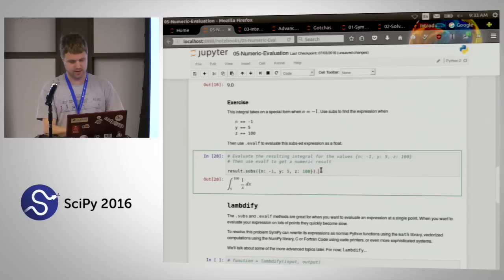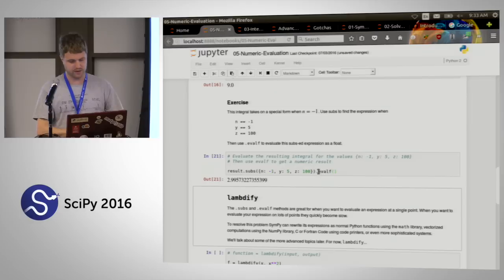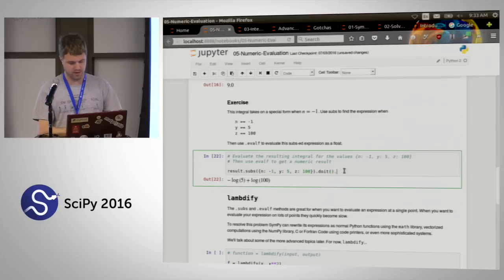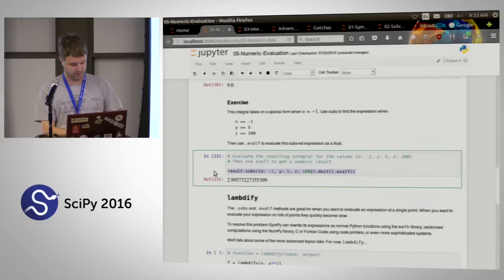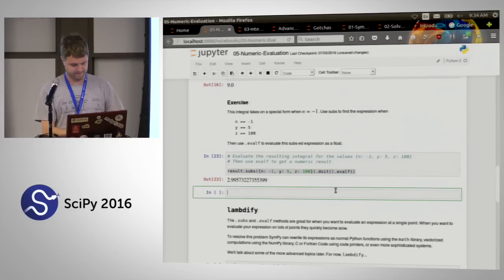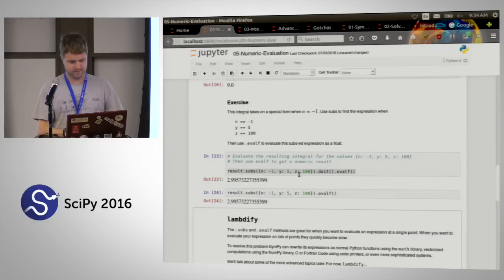So it's actually different if we do eval_f directly on the integral versus if we first do the integral and get this answer with logs and then eval_f that. I mean, they're the same number, obviously, but these are calling different algorithms.